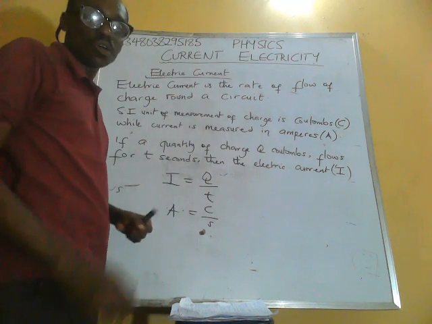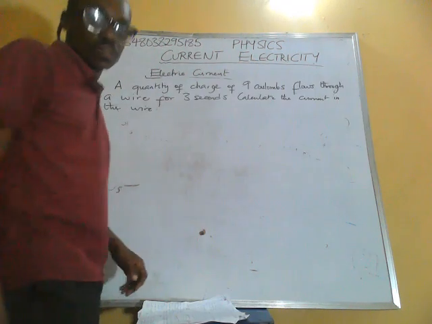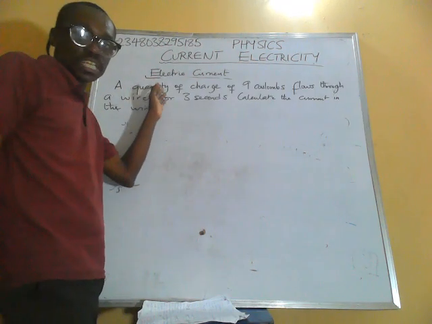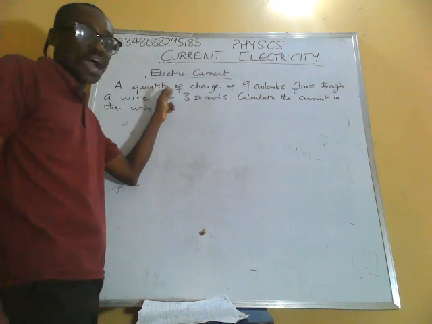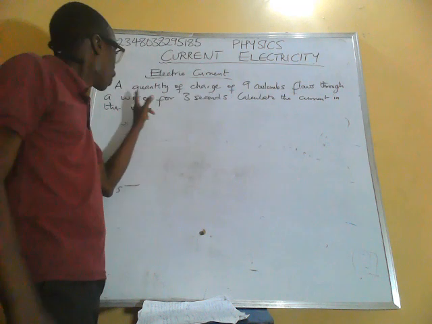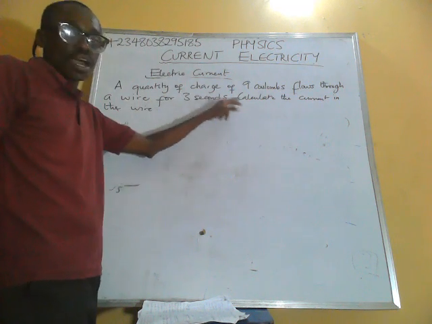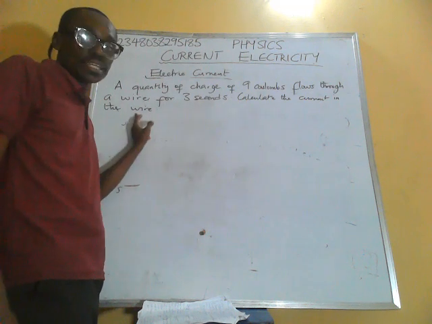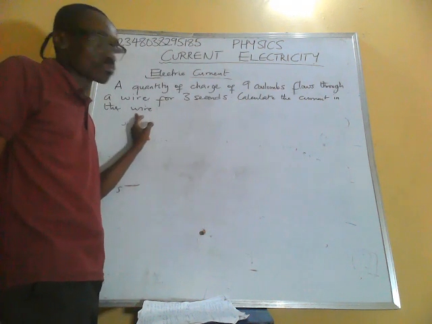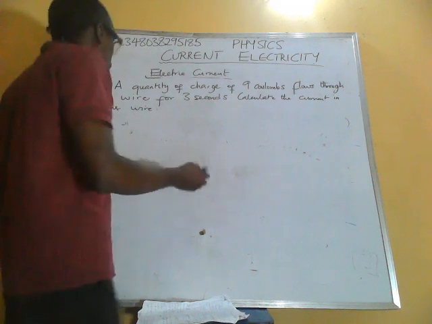So we're going to look at a question right now. The question states that a quantity of charge of 9 coulombs flows through a wire for 3 seconds. Calculate the current in the wire. Solution: let's write out the parameters we have.